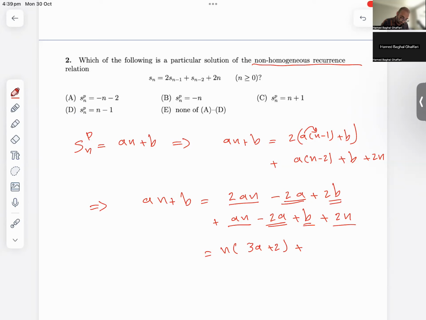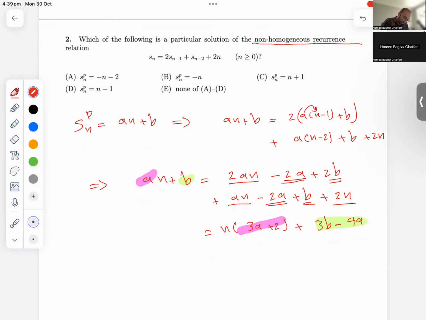So these will be constant terms for me: 3b minus 4a. Now the coefficient of this n will be equal to this one, and the constant part will be equal to this part.